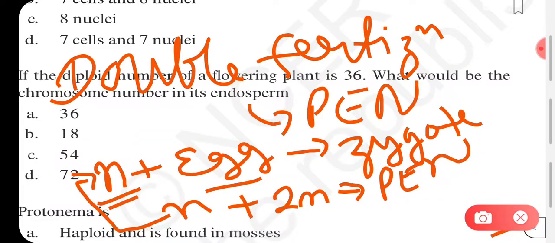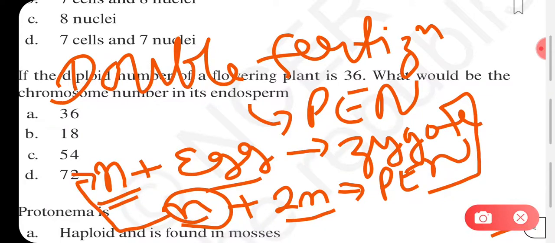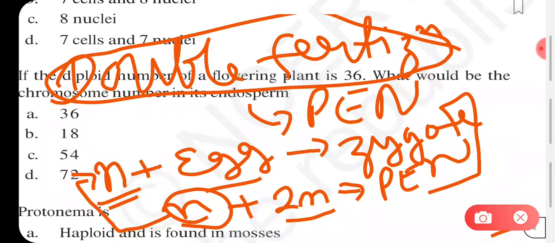The other one leads to the formation of the primary endosperm nucleus, as the other male gamete fuses with the secondary nucleus. Now you see that there are two fusions taking place, right? Because there is involvement of two fusions during this whole event, we call this double fertilization. And double fertilization is something which is unique to angiosperms. It happens only in angiosperms. Fine. So this is something important you should know.